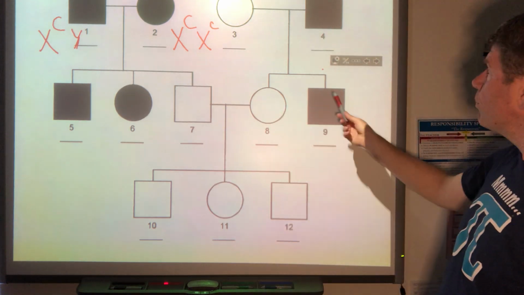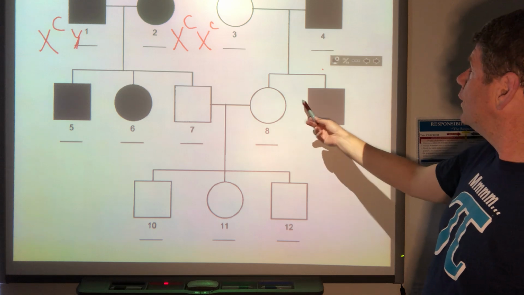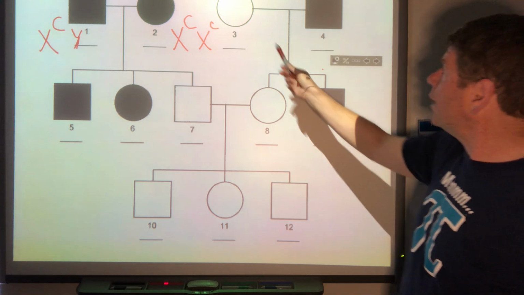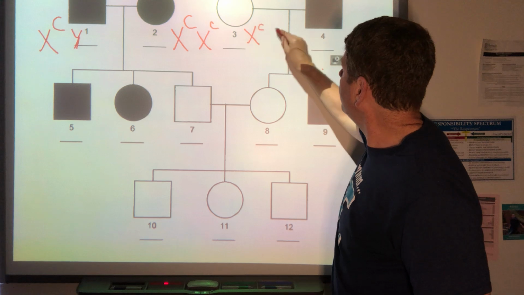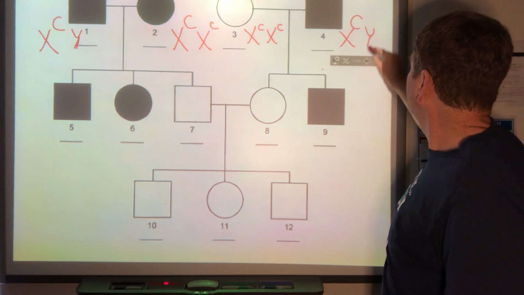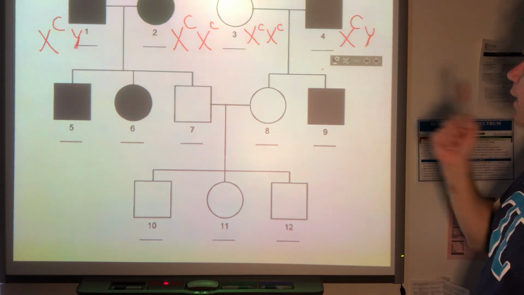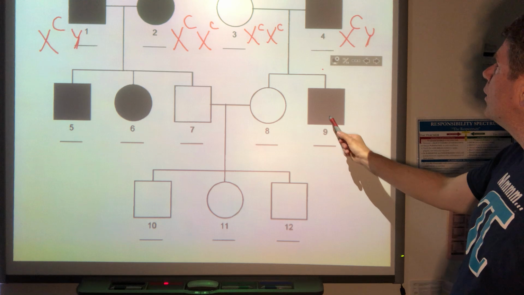Then over here, same deal, right? And if the female's unaffected, we'd have to have 2 little c's. Males affected, big C, Y. Okay, so let's see here. Yeah, no, you know what?